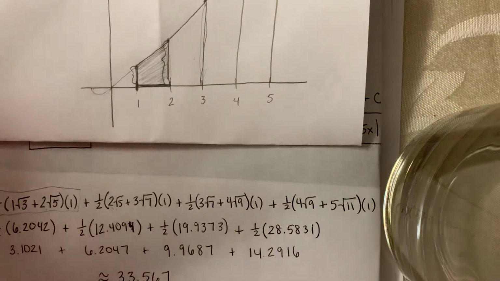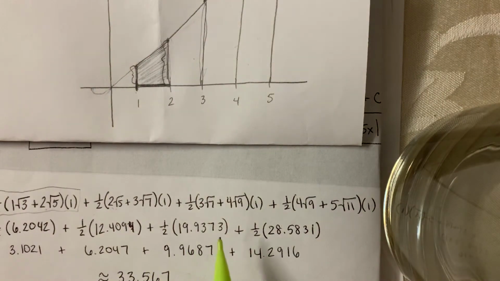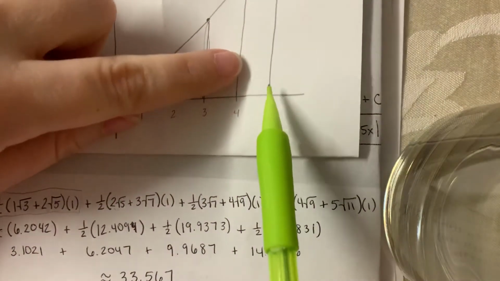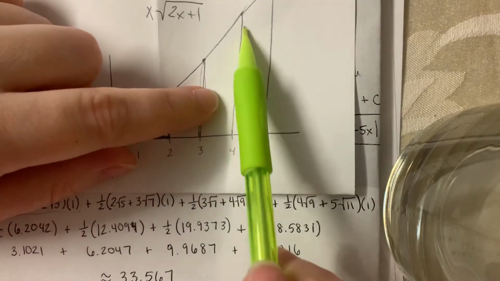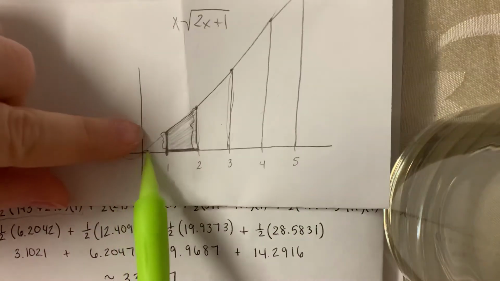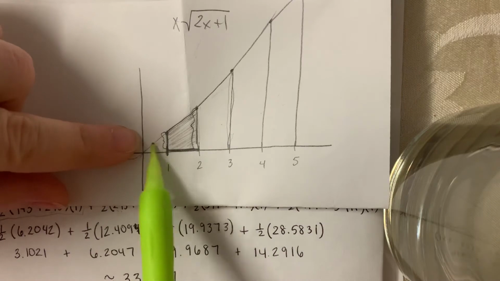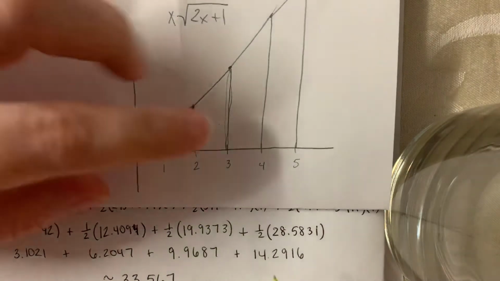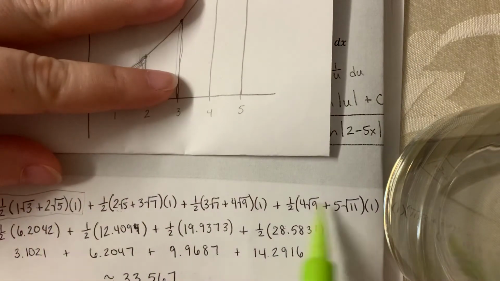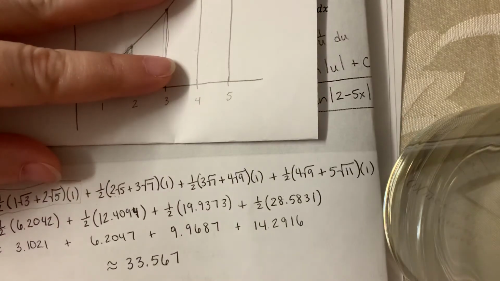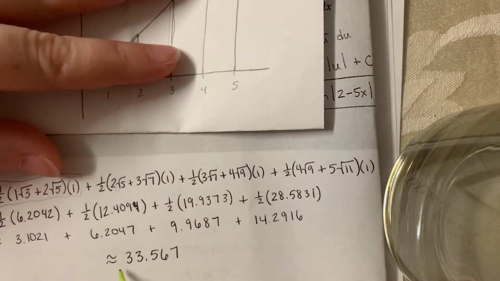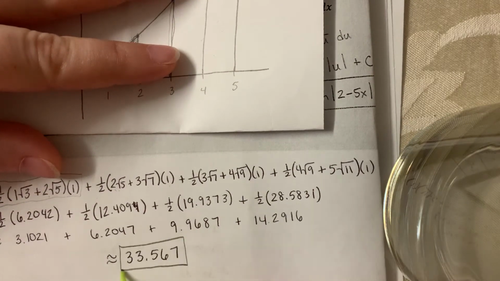What I did wrong when I did this previously is I left out, I believe it was this last one, this last trapezoid. I think I did maybe 0, I can't remember. I'll go back and look. So when I find all of those, then I add all of that up, I end up with this 33.567.